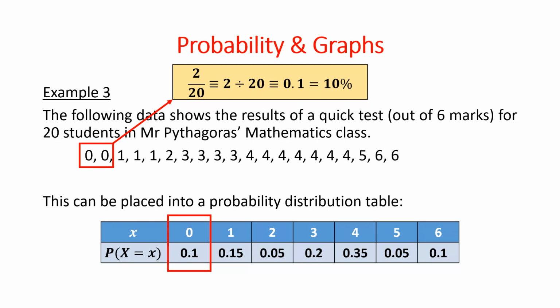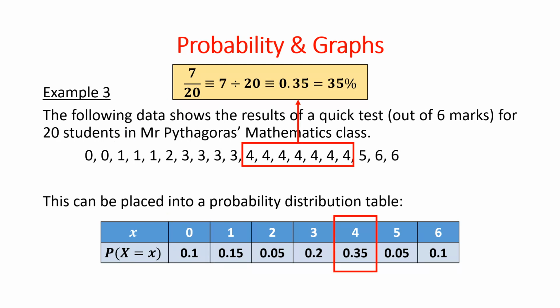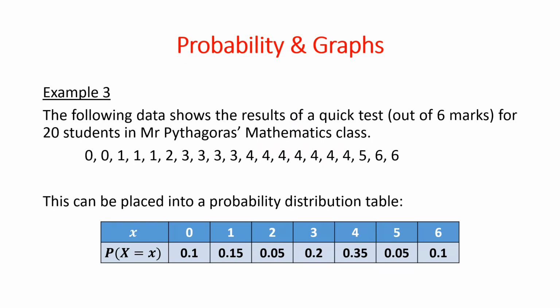So the probability a student got 0 was 0.1. There were 7 students out of 20 that scored 4 in the test. 7 out of 20 is equivalent to 35% or 0.35. So the probability a student scored 4 is 0.35.